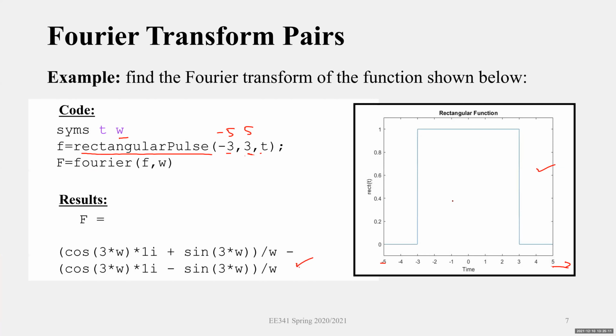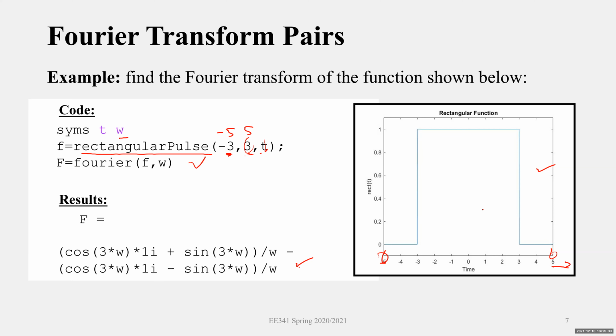Now this is a rectangular function. For the rectangular function, I have to define its first value, then its last value, and then t. This will give me the Fourier transform of this rectangular function, and rectangularPulse will give me this rectangular function.